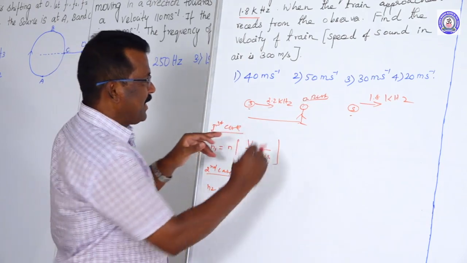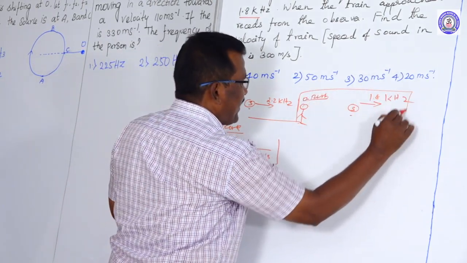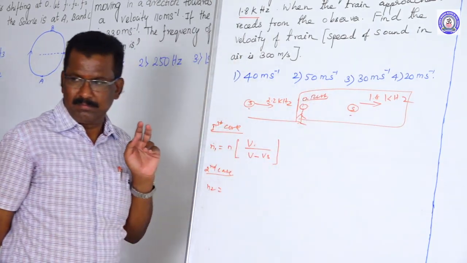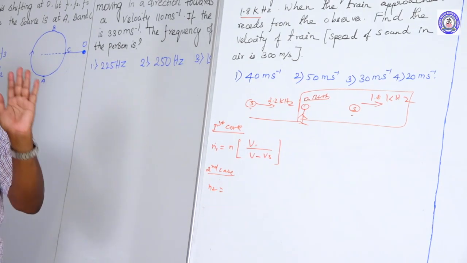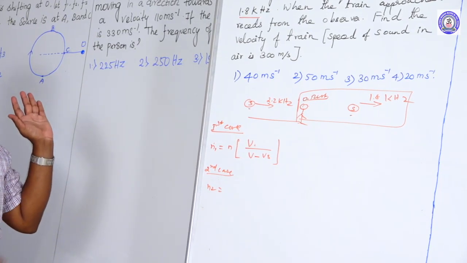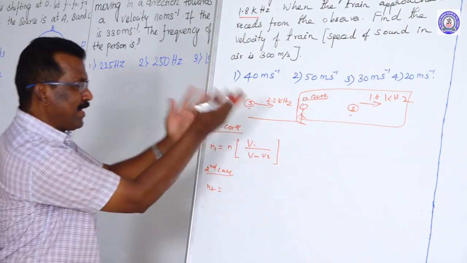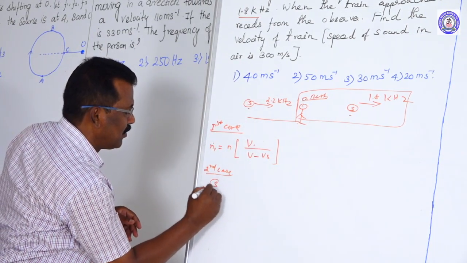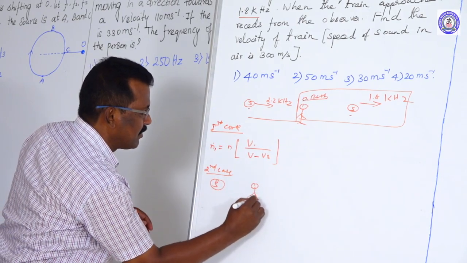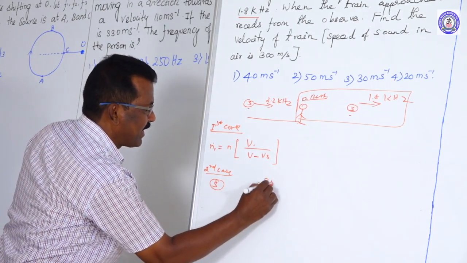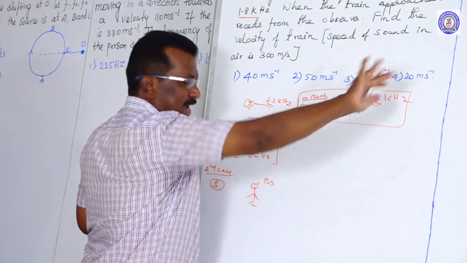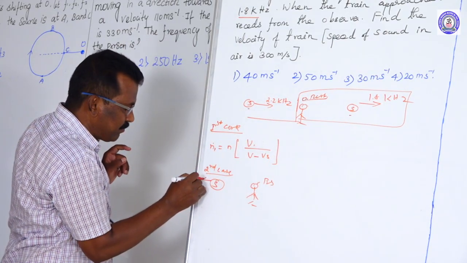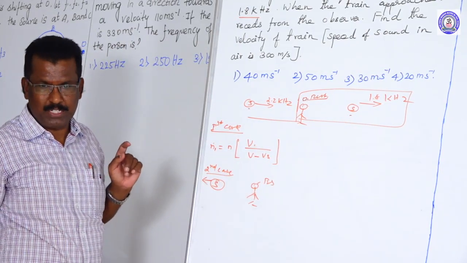In the second case, n2, but in this situation, it is not satisfying our trick. In our trick, the source is always on the left-hand side and the observer on the right-hand side. So interchange. Now you put the source here and the observer there. The observer is still at rest, but because the source is moving away, you put it in the opposite direction.